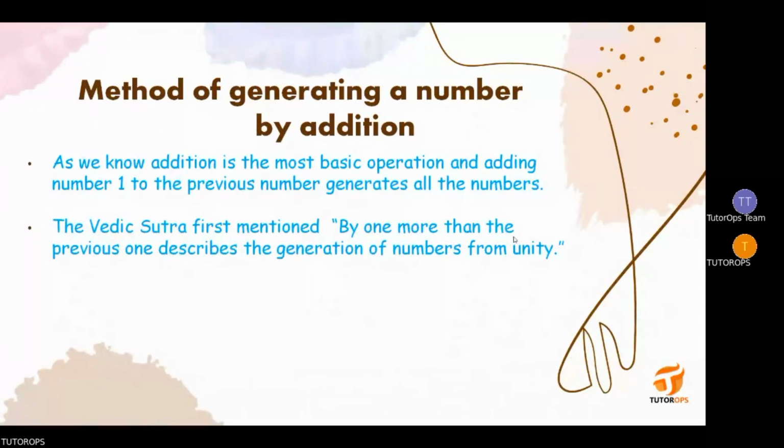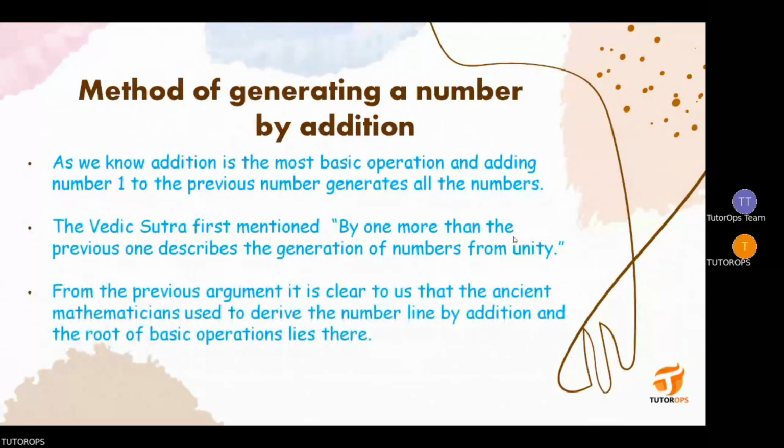So we may start with 1. For example, I may start from the basic number theoretic point, that is from 0, but we may start from 1 also. From the previous argument, it is clear that the ancient mathematicians used to derive the number line by addition, and the root of basic operations lies there.